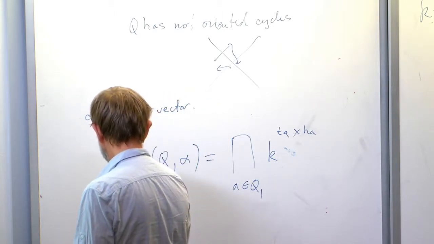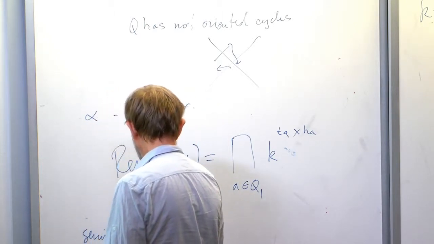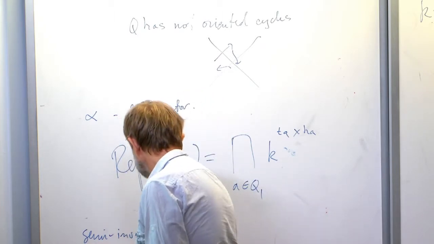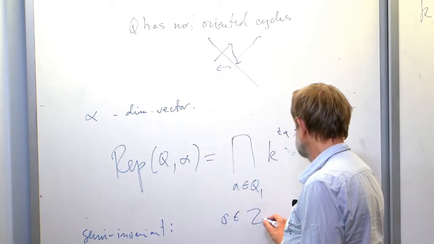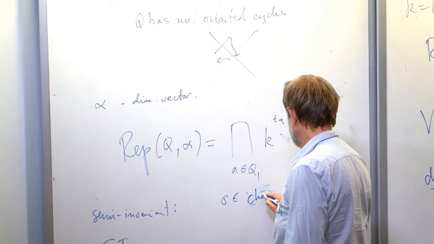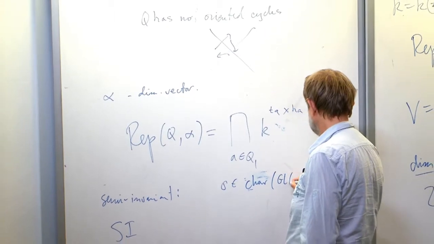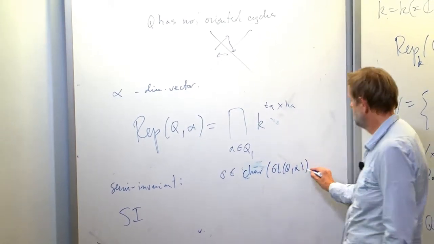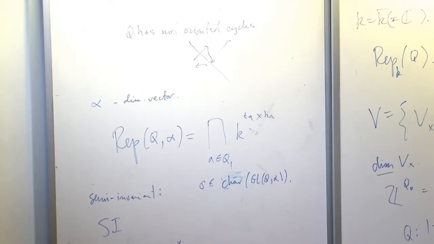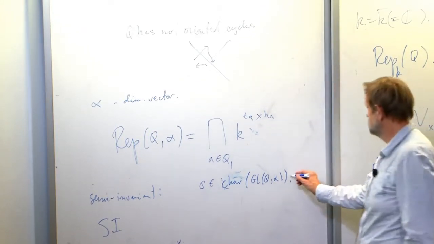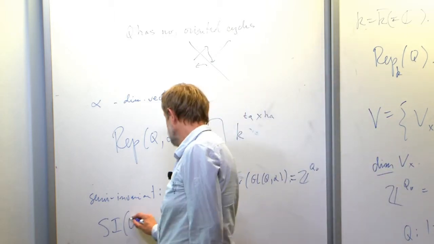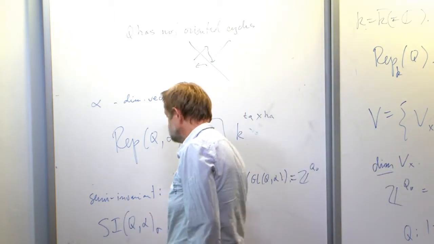So what is a semi-invariant? I choose a sigma, which is in Z to the Q0, or let's say a character of GL(Q, alpha). We know that characters of GL(Q, alpha), at each vertex, are just a power of the determinant. So this is Z to the Q0. Now I define semi-invariants of weight sigma.